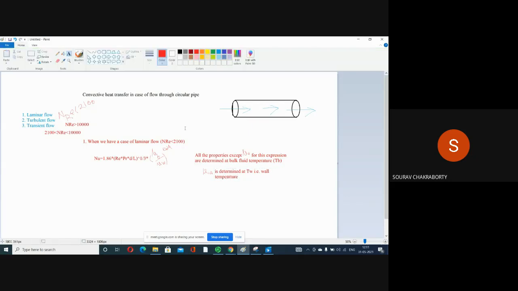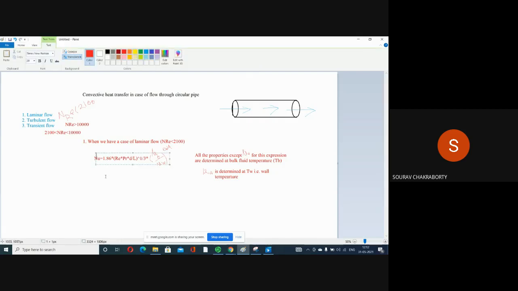So if we have a case where the fluid is flowing through a circular pipe, and we have determined that the flow is laminar on the basis of Reynolds number, that is, the Reynolds number is less than 2100, in that case the convective heat transfer coefficient can be determined on the basis of this expression.